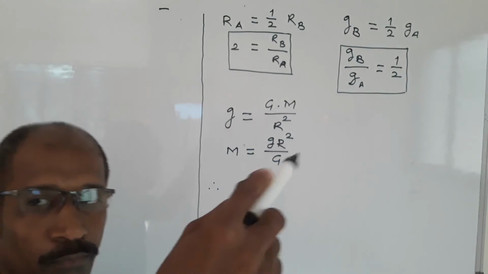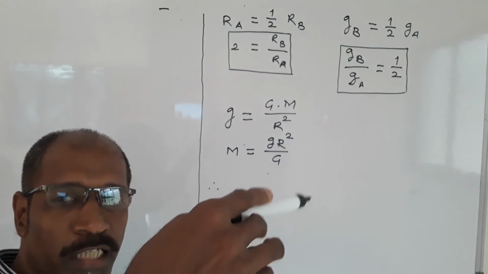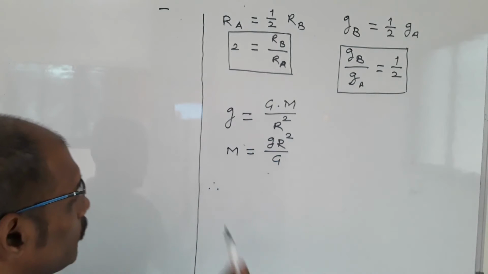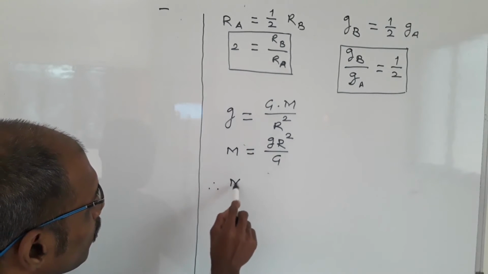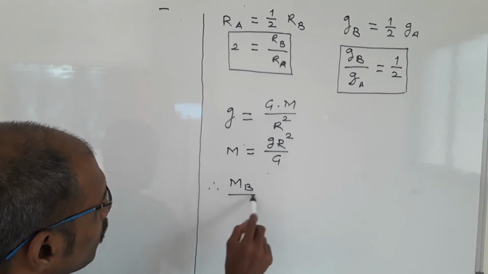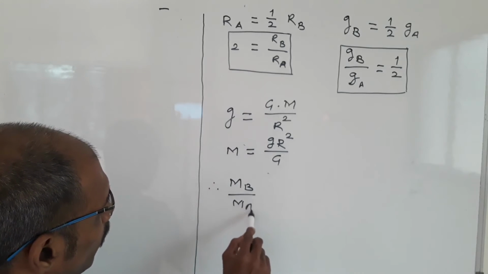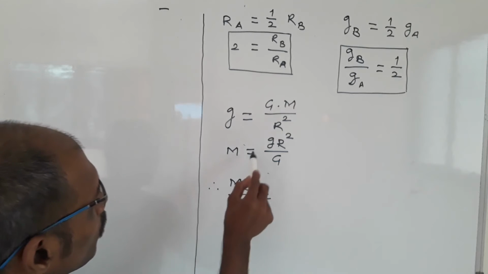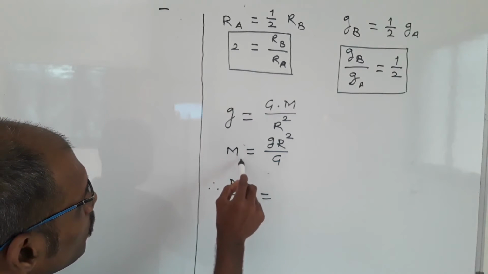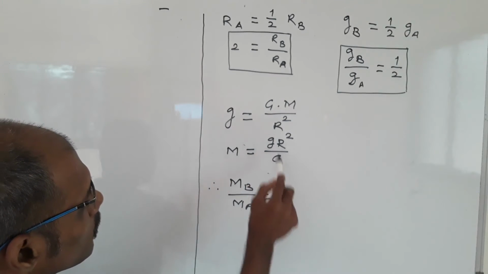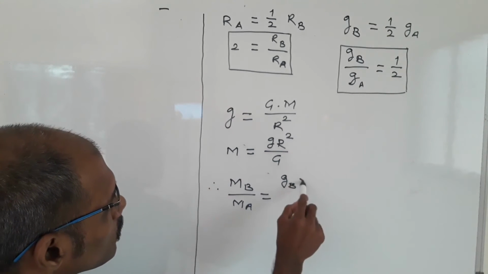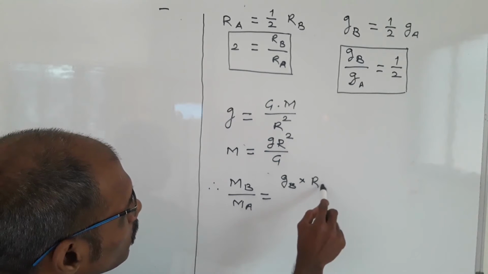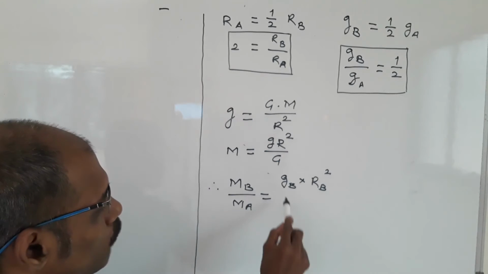Now here, see this, we have given that the mass of planet A is ma and therefore the mass of planet B is mb. Therefore by using this formula we write mb upon ma is equal to, if here we write b, then for this we write gb, and for this r we write rb square.